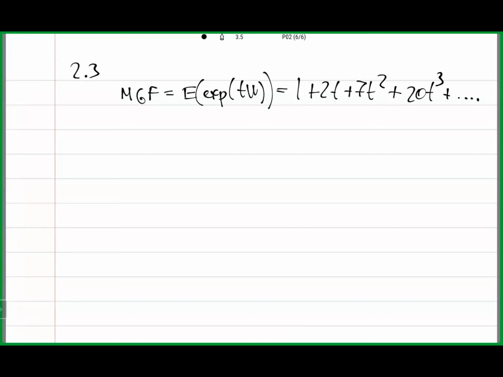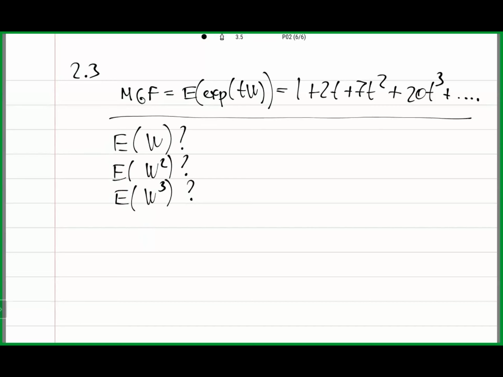And this Taylor expansion is a little bit different. It stores different information, and we need to find the expected value of W, the expected value of W squared, the expected value of W cubed. We have no further terms of the Taylor expansion, so it's not possible to find other values.